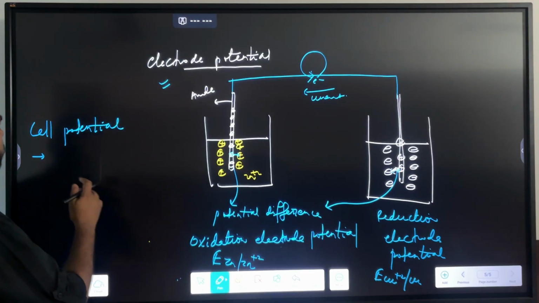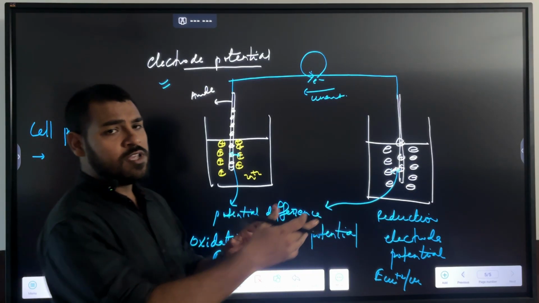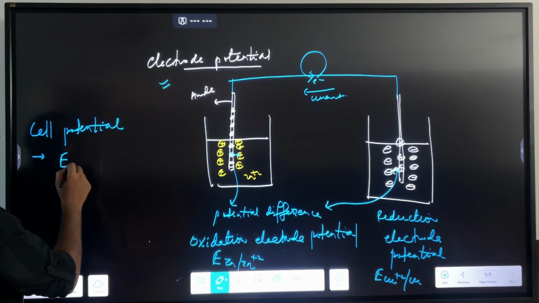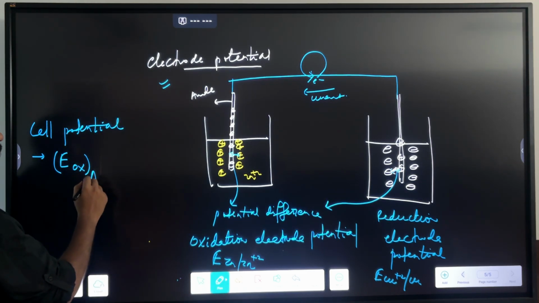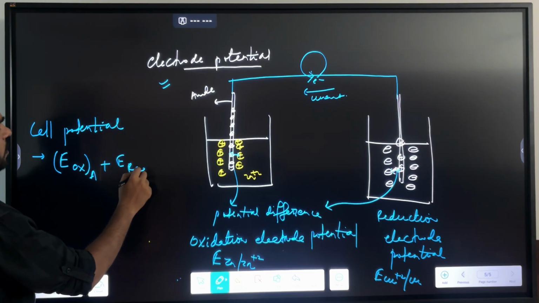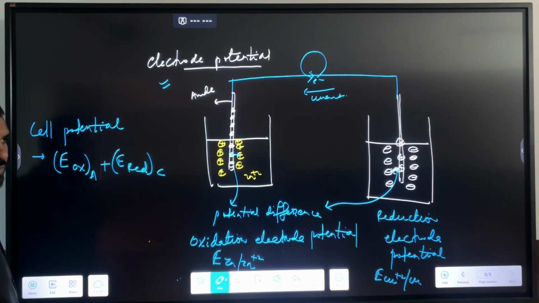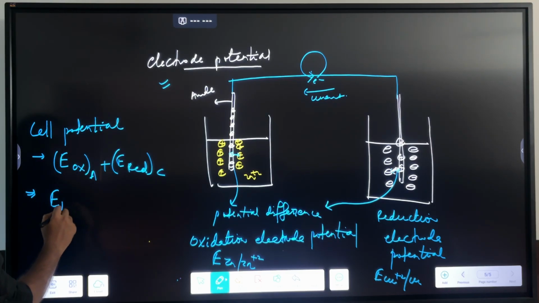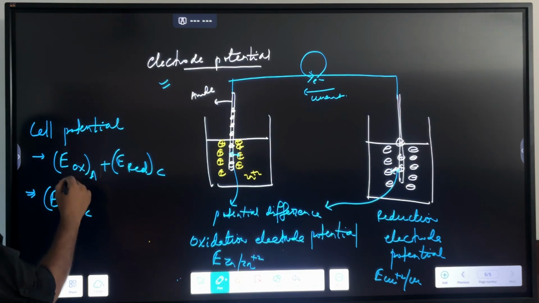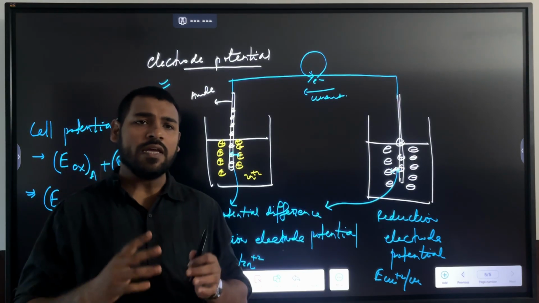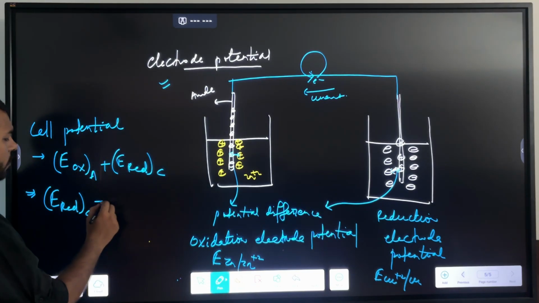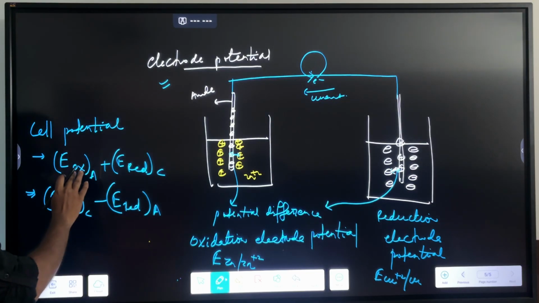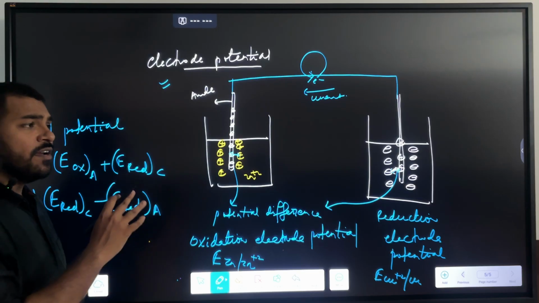And now when we are talking about the cell potential, meaning the potential of the cell, then we have to just add this E oxidation, which is in the anode, plus E reduction, which is in the cathode. This is a simple formula. And if you want to have the E reduction only, then use this formula: E oxidation will be equal to negative of E reduction.